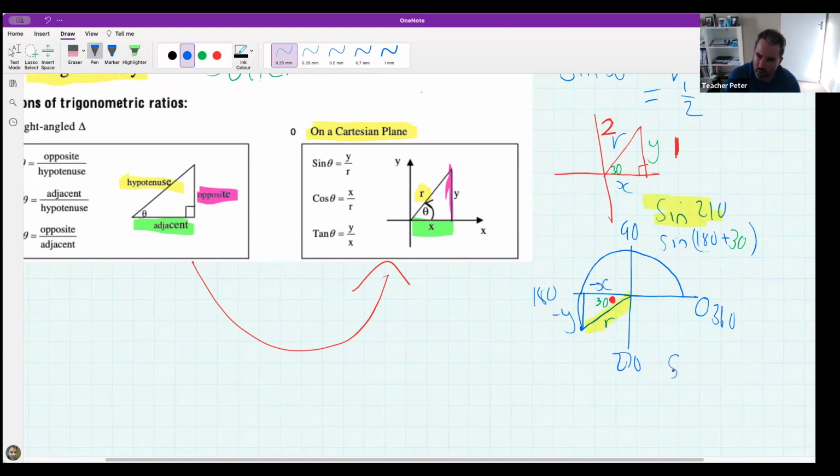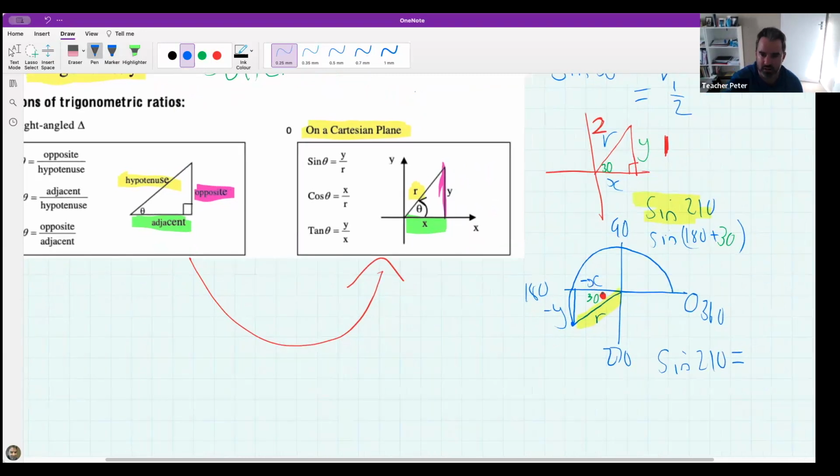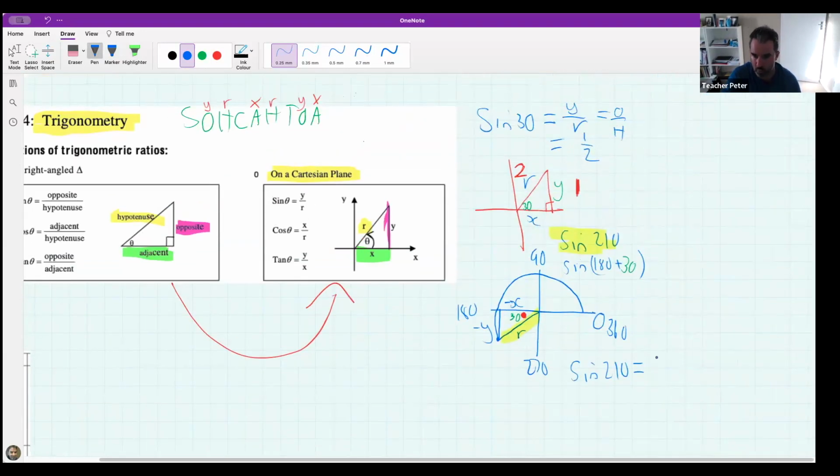Now let's try and work out what the sine of 210 is. Remember what we said earlier on, sine is just y over r. But in this case, the sine of 210 is just going to be, if I look at where it is, minus y over r because of its position. Now type into your calculator the sine of 210, and what do you end up getting?